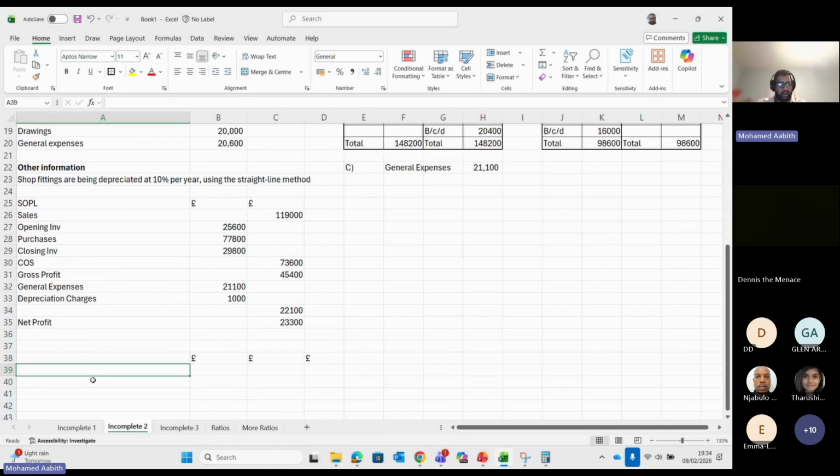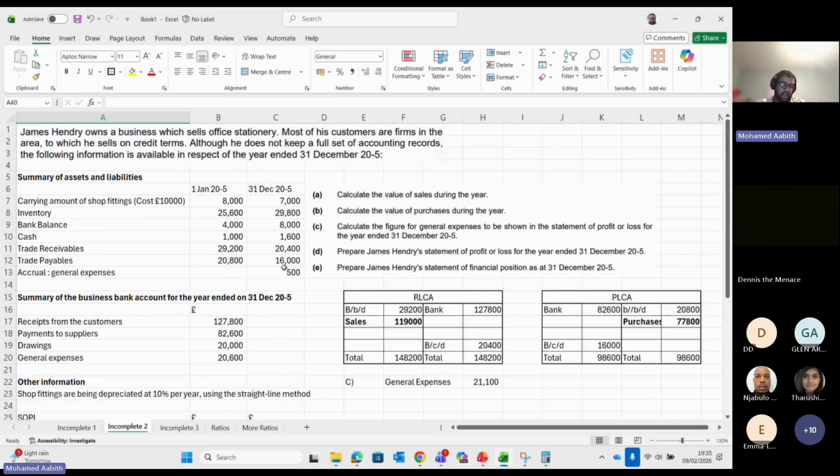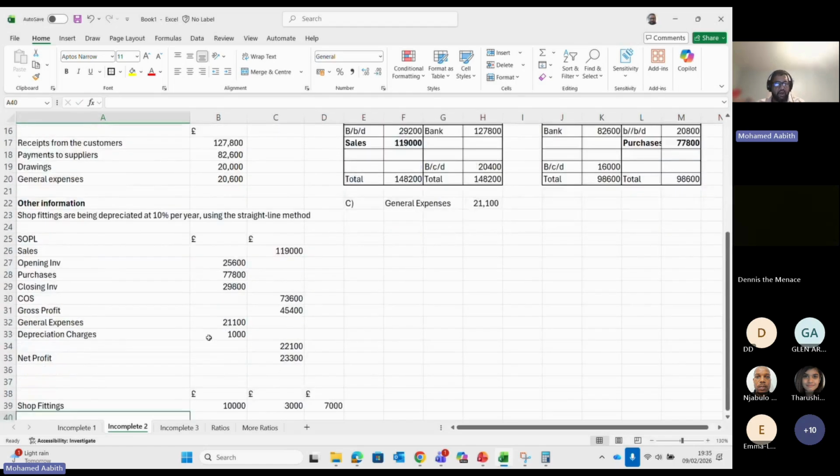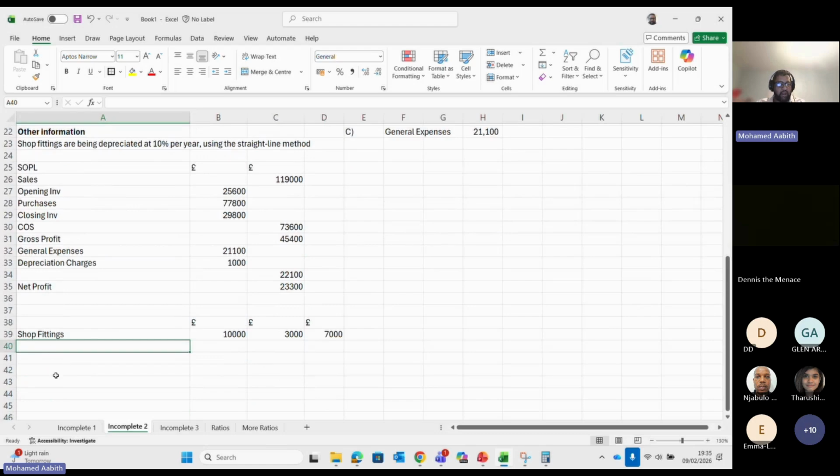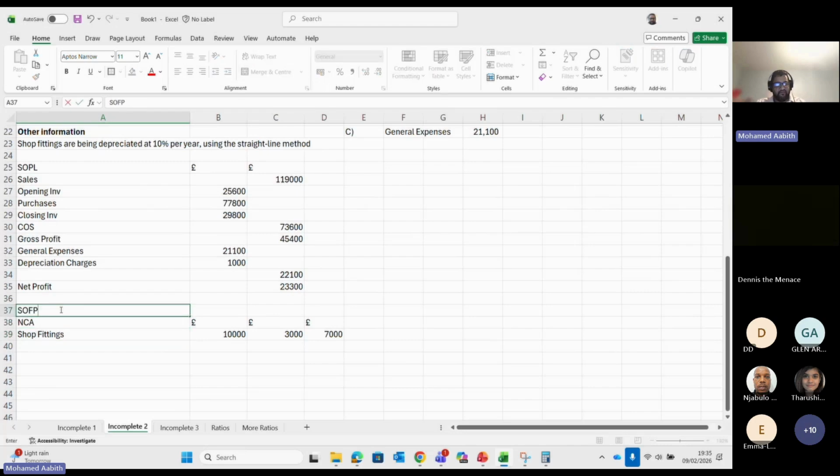So here shop fittings, we had 10,000, 3,000, and 7,000, because we already have the finishing numbers here anyway. We don't have to make any adjustments. What we also know is that these are the NCAs, non-current assets.